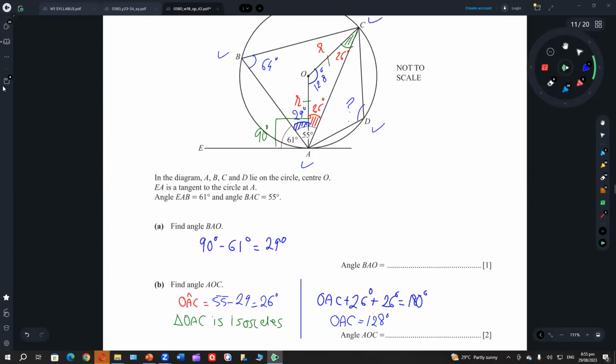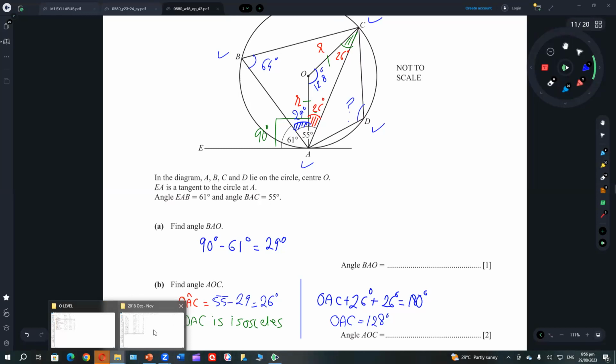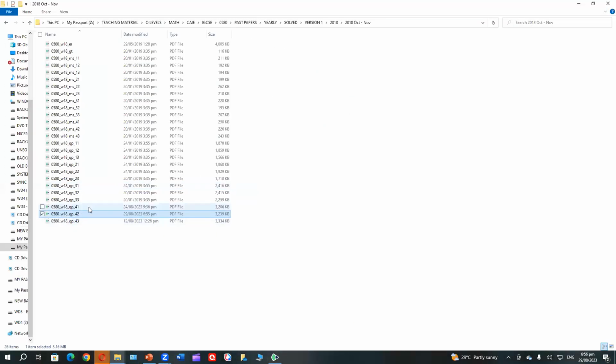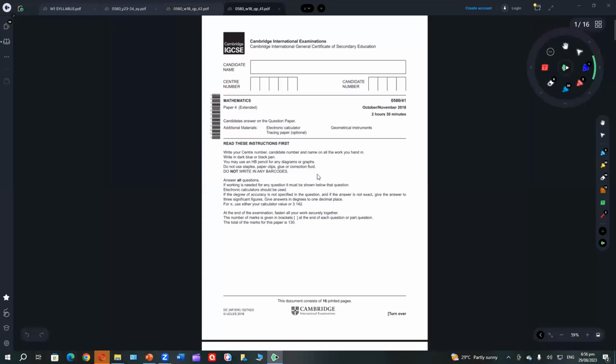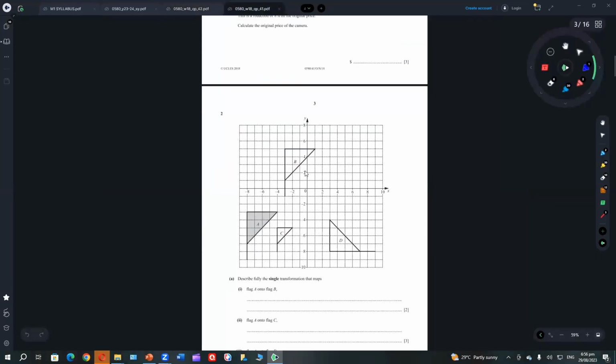Now look for the question after that. October, November 18, P41. Question 10.